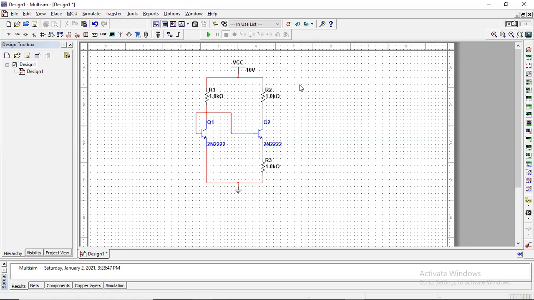Okay, the instrument is the multimeter. A multimeter is a device used to measure current, and we have to find the input and output current. For this scenario, we have to connect a circuit that is here.